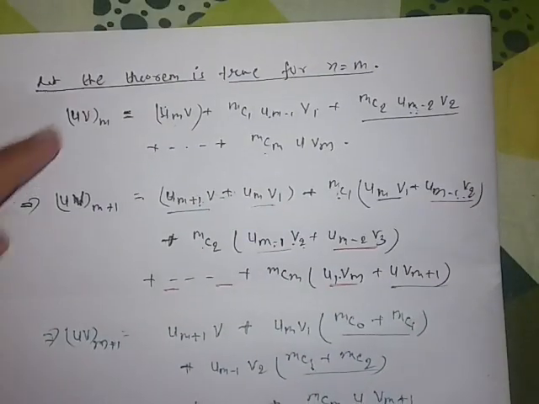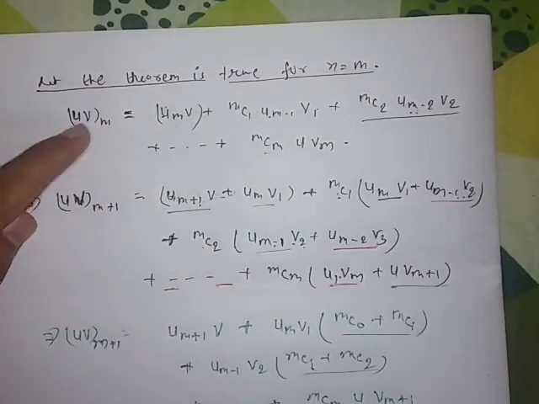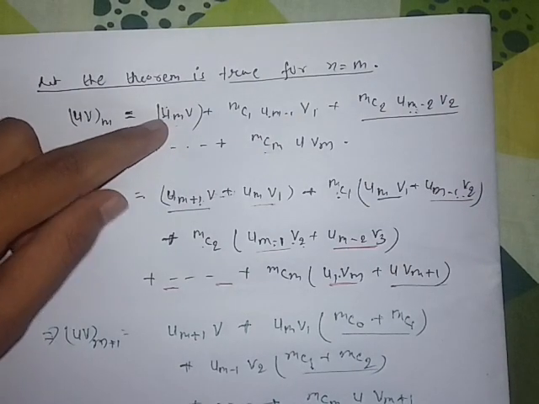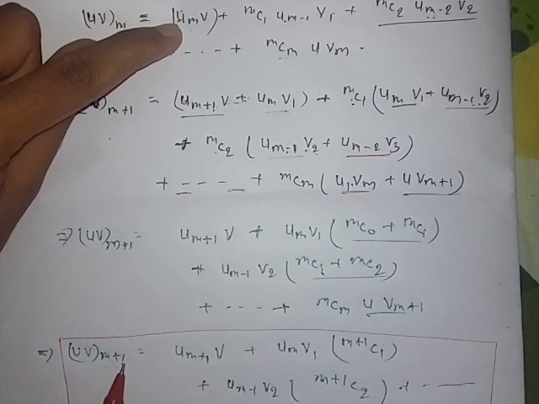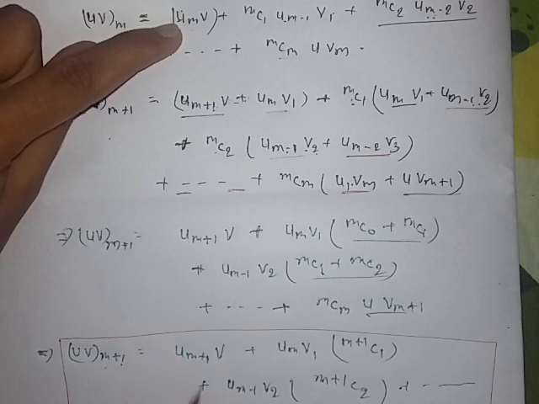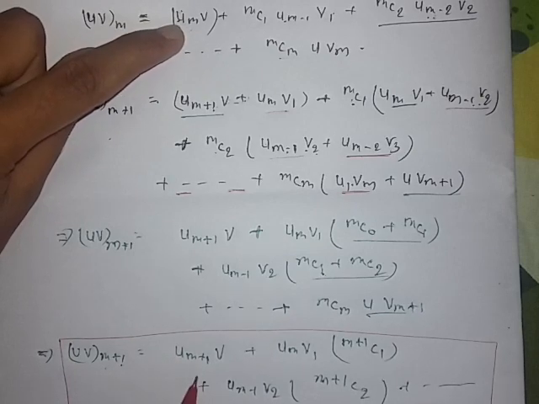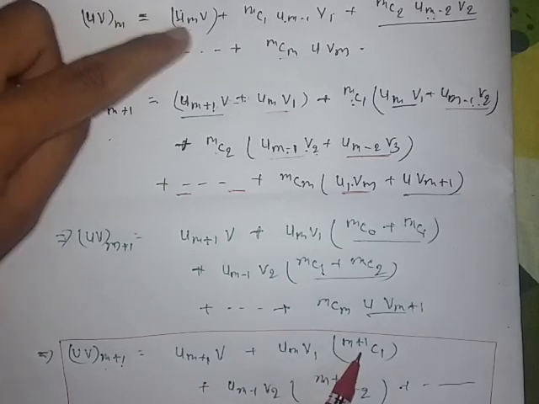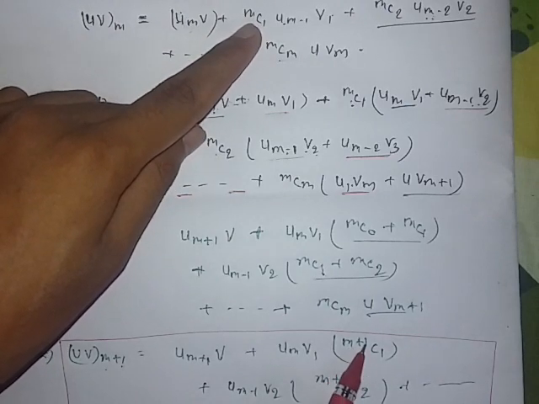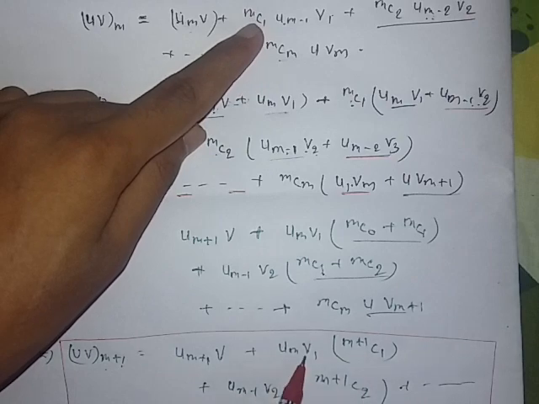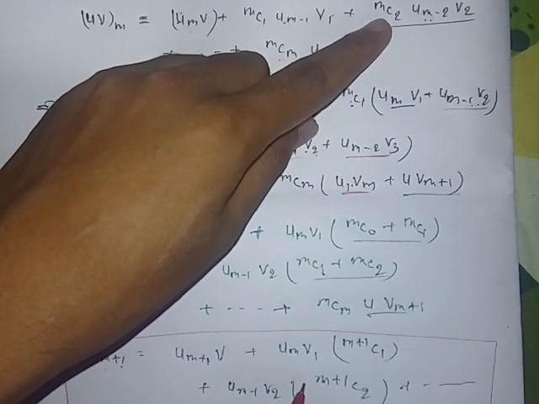Now we can see from here that if we take the mth derivative of uv, then it will be equal to umv. If we take m plus 1 times the derivative of the product uv, then we will get um plus 1 v. So in the place of m, we obtain m plus 1. Similarly, in the place of mc1, we obtain m plus 1 c1 into umv1 plus mc2.